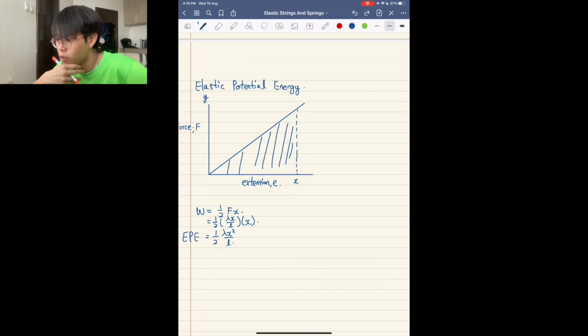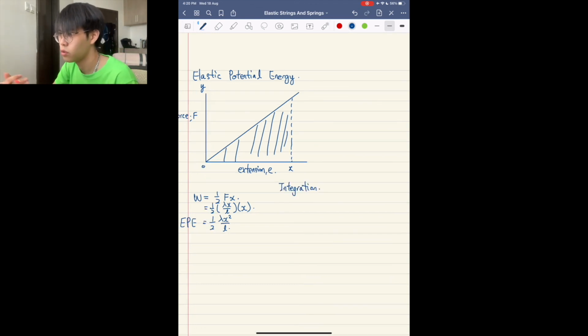So the other way to find the elastic potential energy from the graph is by using integration. If we use integration, it will be the sum of the small changes in extension. So the work done will be the integral from 0 to x, which is the limit, of F times the small change in extension.